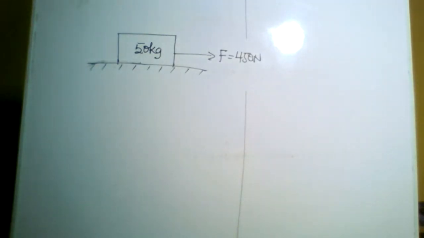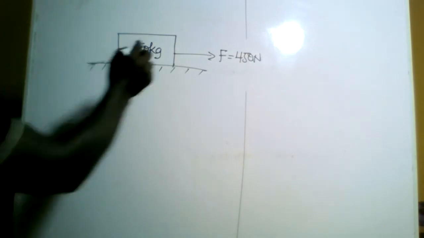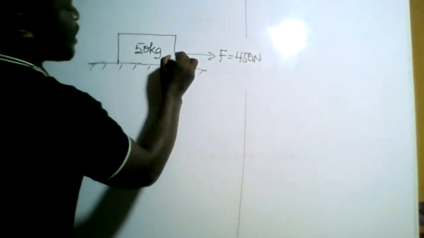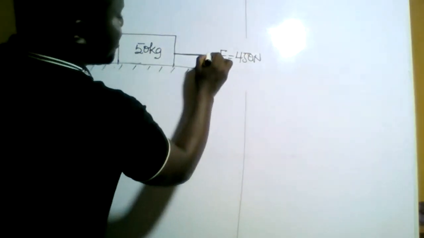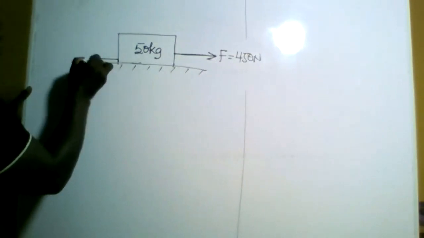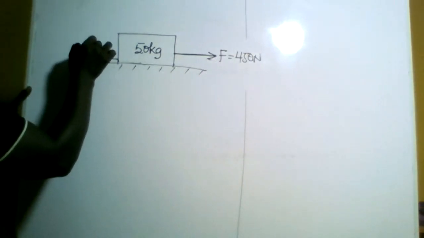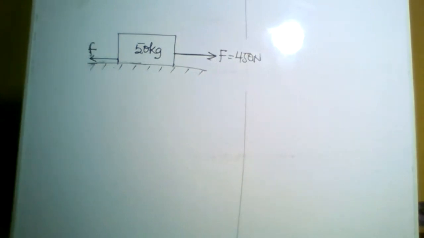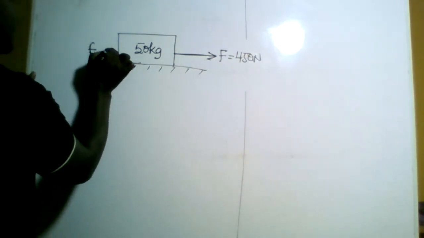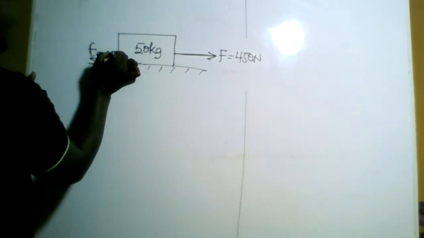The frictional force, once for friction, it is always opposing motion. So if the body is moving in this direction, frictional force would act in the opposite direction. And so the coefficient of static friction mu 0.5.